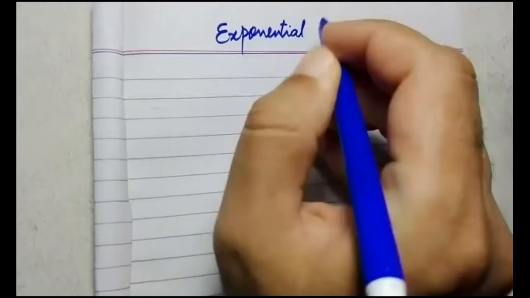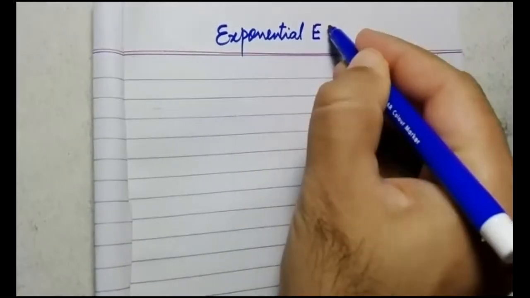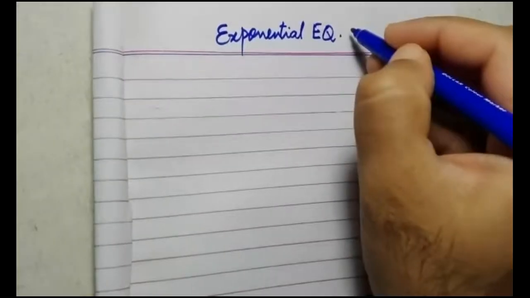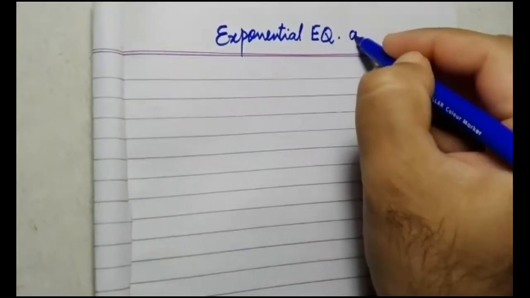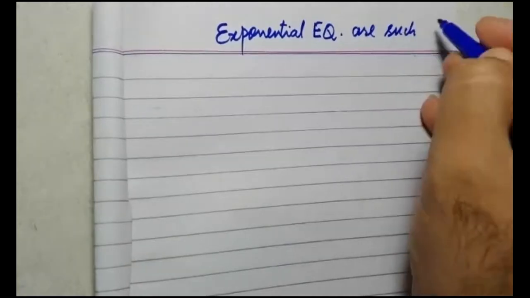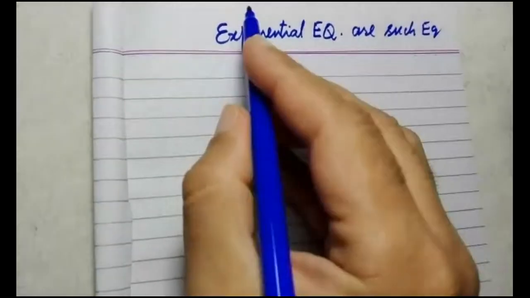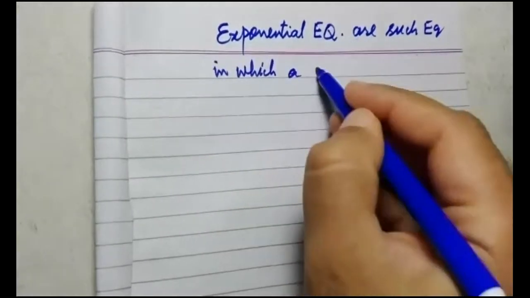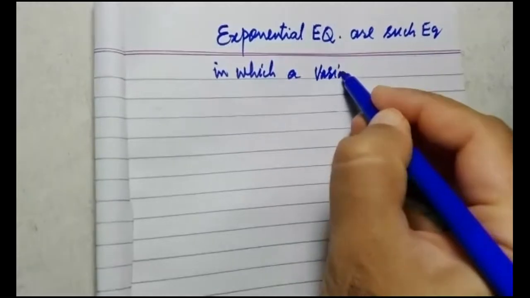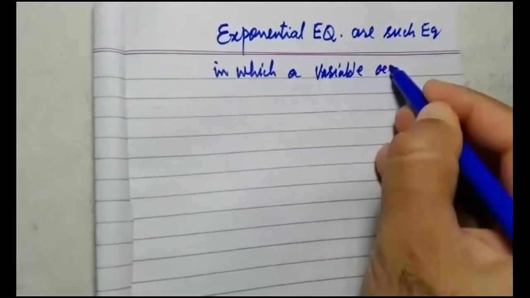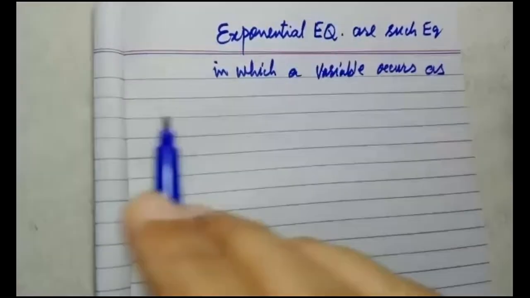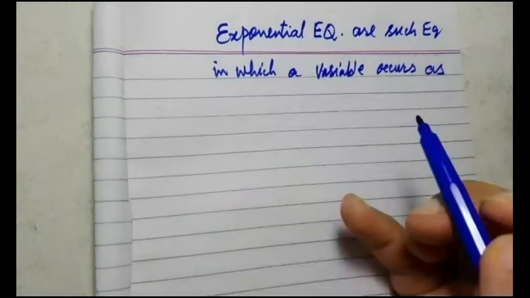Exponential equations are such equations in which a variable occurs as exponent of a constant.